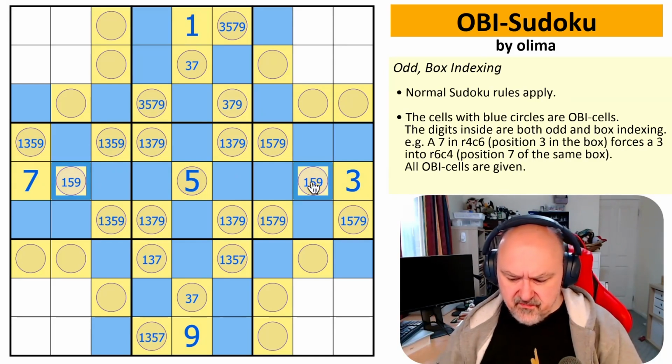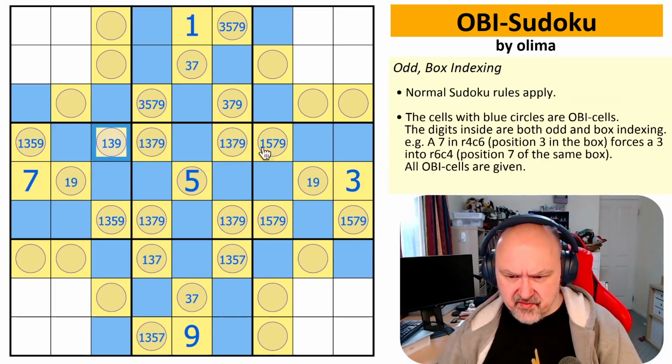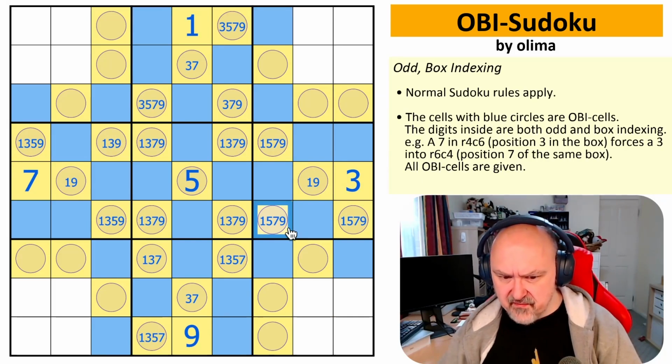So there's no 5s in those. So this means there's a 5 in one of those. So there's no 5 there. This means there's a 5 in one of those. So there's no 5 there.